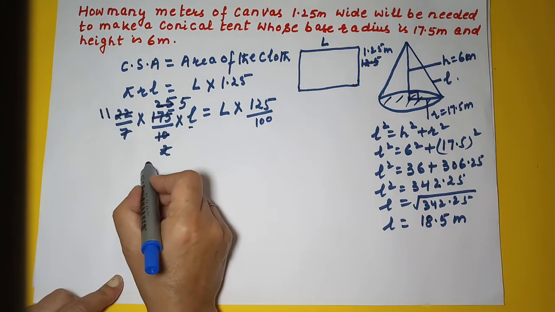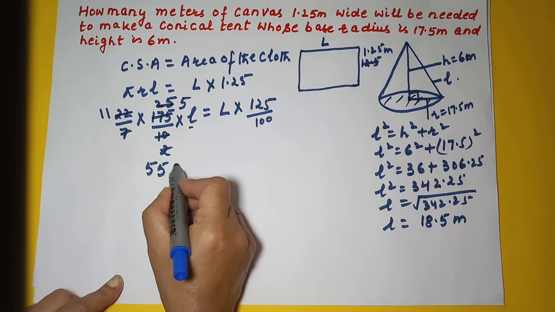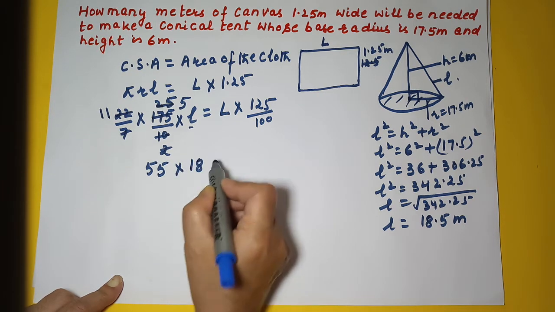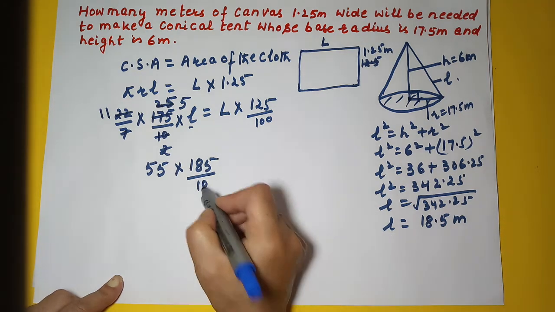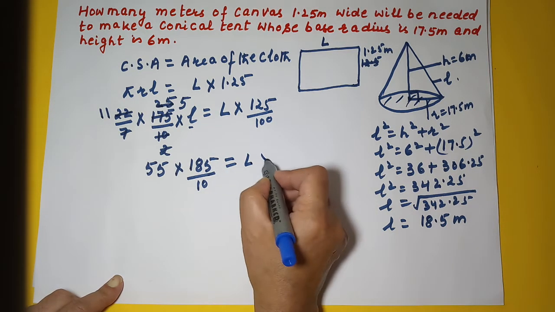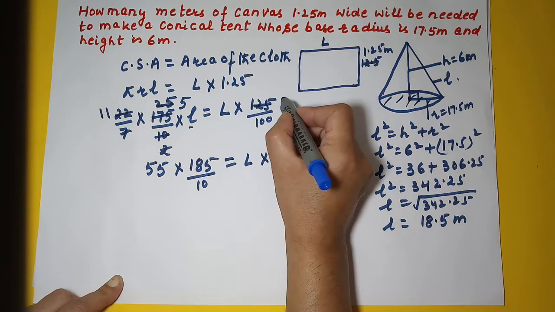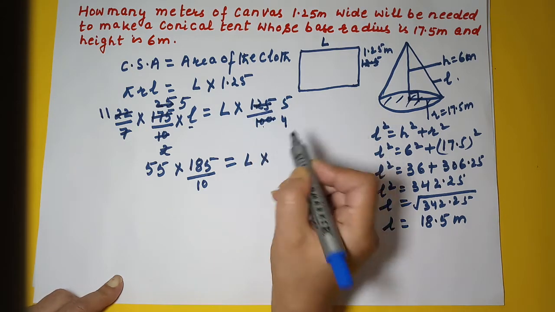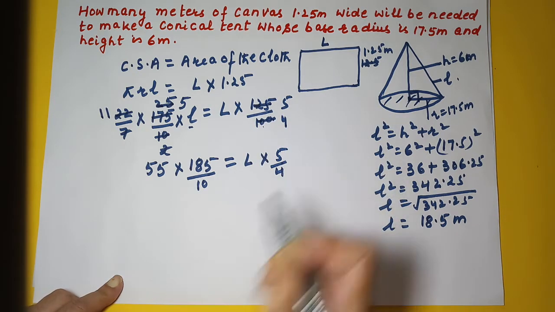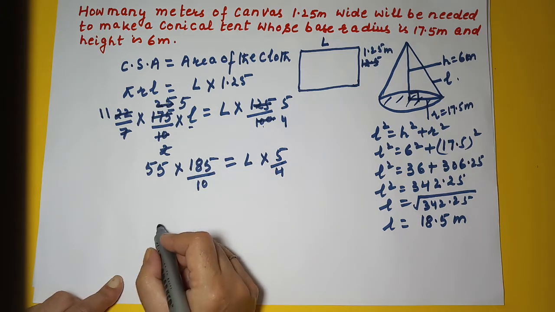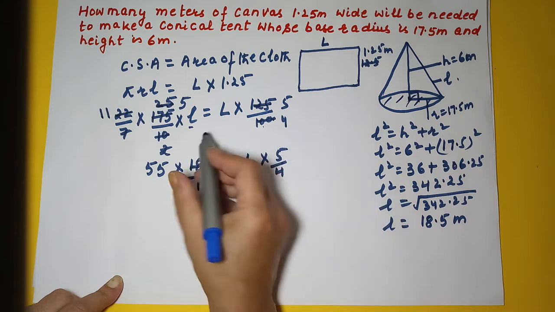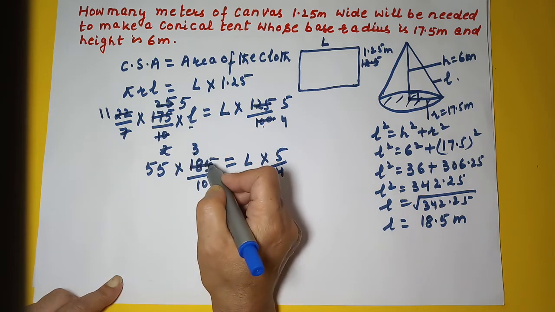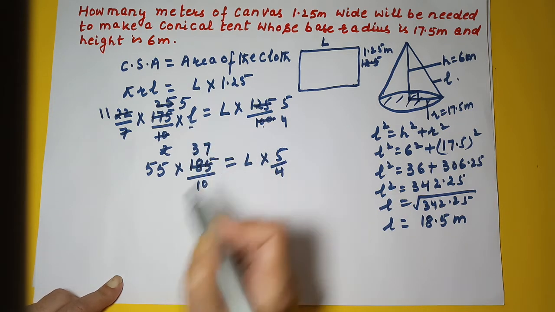So I got 55 into 185 upon 10 equal to L into 25 upon 4. Now I can calculate the value of L. This also I can simplify. 5 3s are 15, 5 7s are 35.